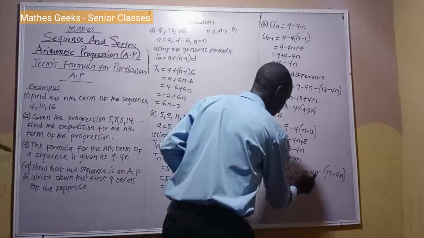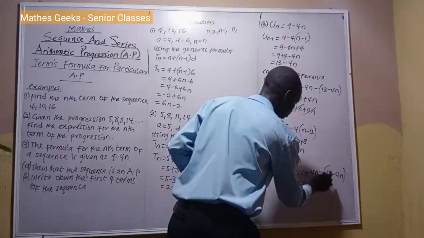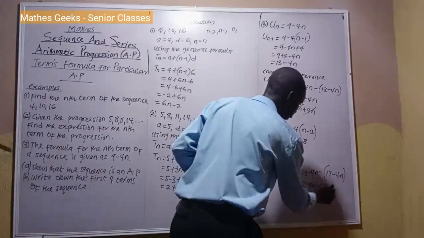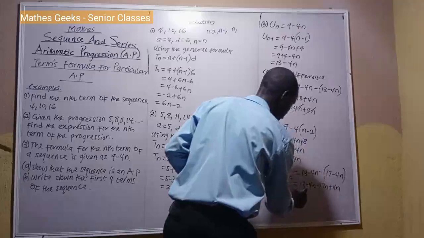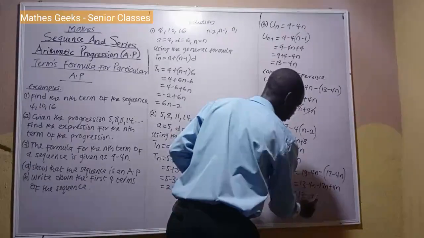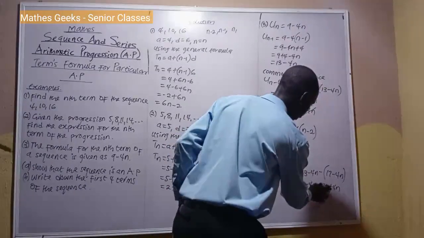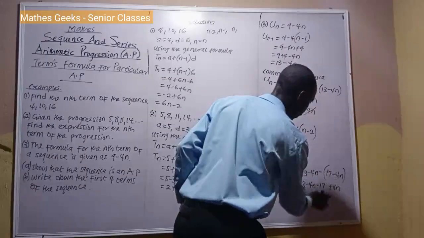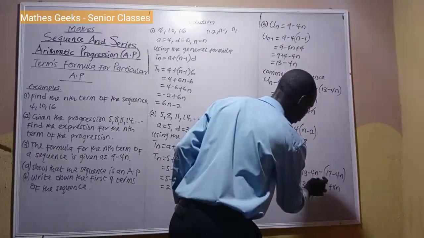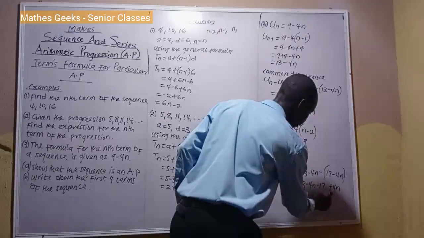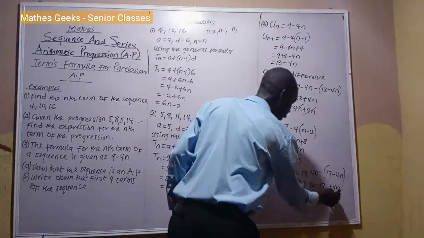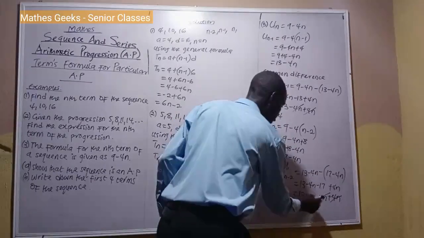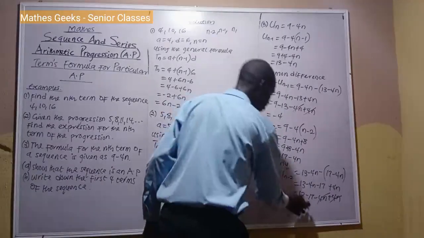So 13 minus 4n minus 17 plus 4n. So this will give us 13 minus 17. Minus 4n plus 4n will cancel out, and 13 minus 17 is equal to minus 4.